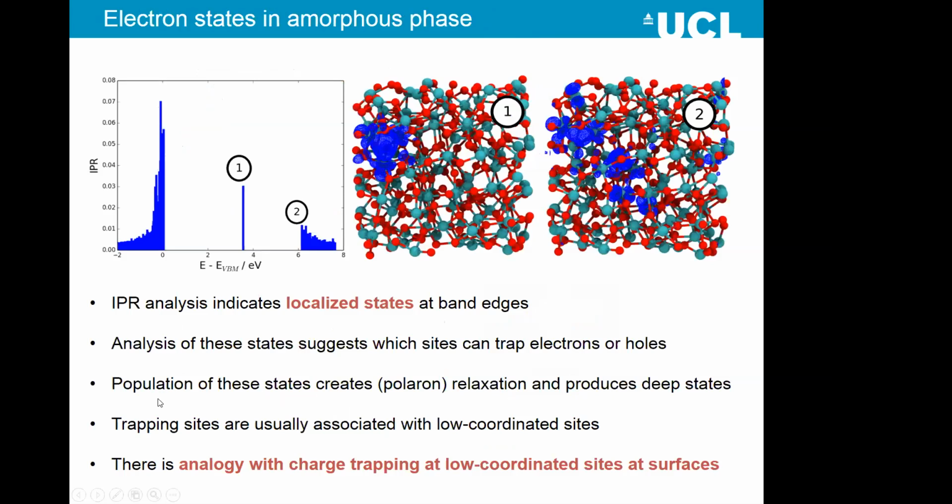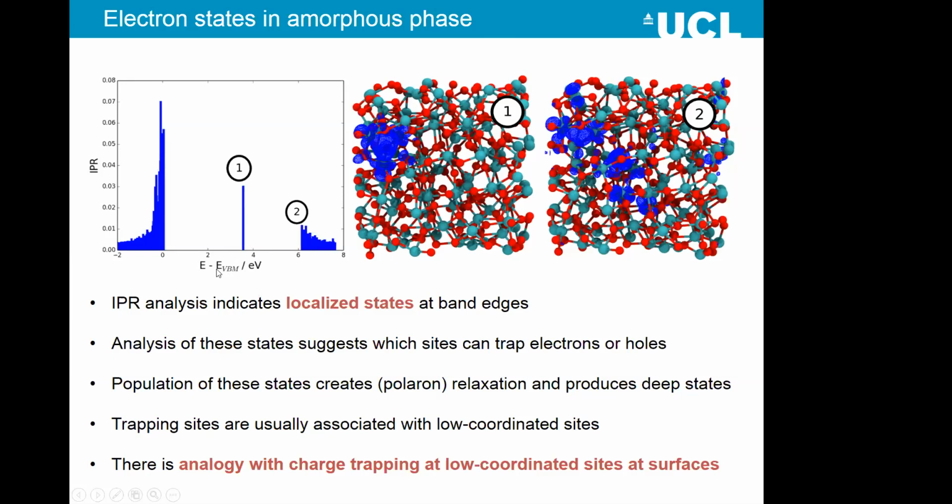So we use this in order to find out what is happening. We put real electrons and holes inside, relax the systems, and find that the states we obtain as a result get localized in many cases, and then you get states in the middle of the gap.